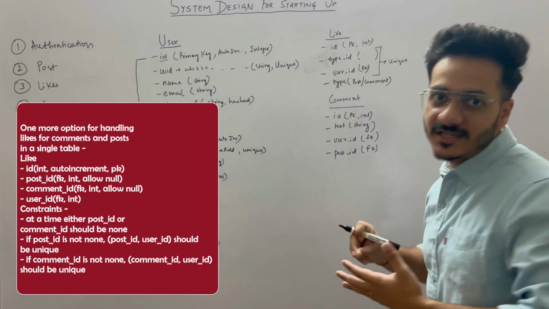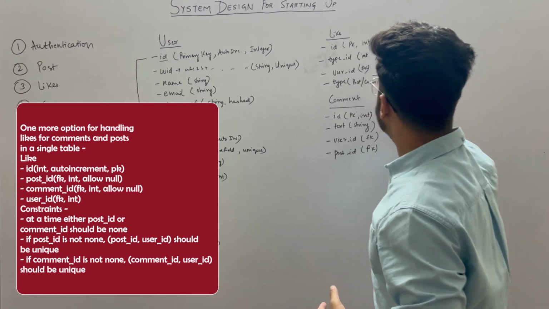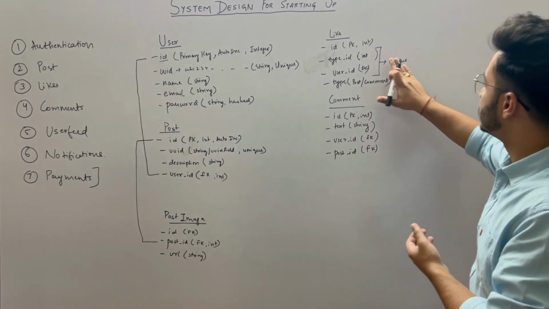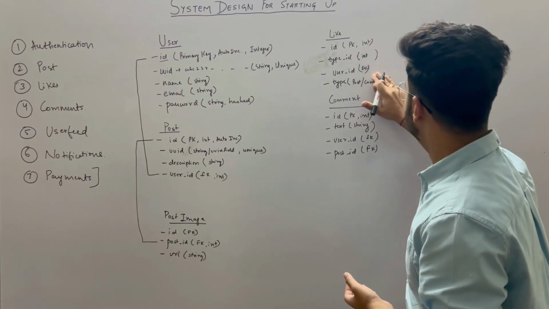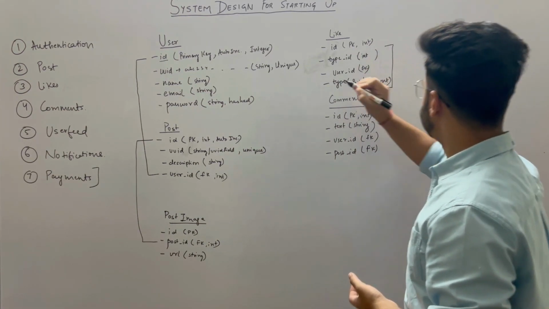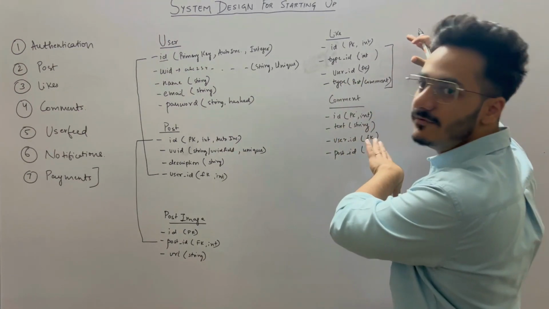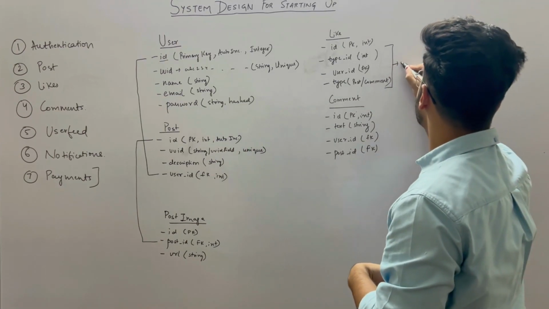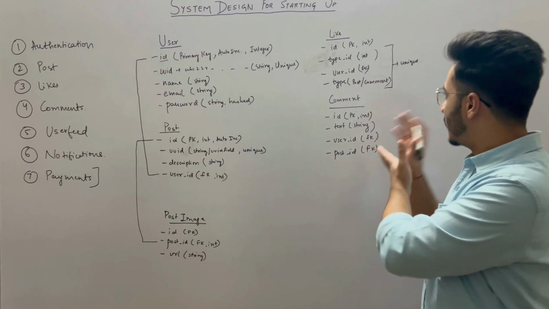You will have to manage it through code, so it will be integer. And now instead of this as unique, what you will have to do is take these three fields as a combination and add a unique constraint over these three fields together. So this is how it will be done.